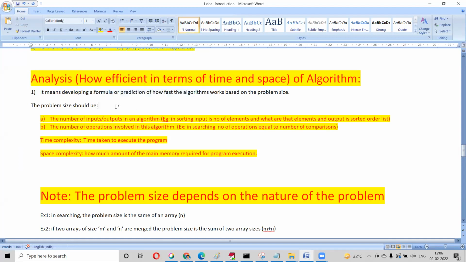So what should this problem size contain?